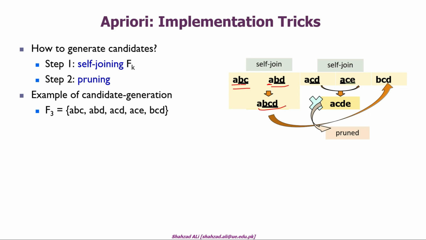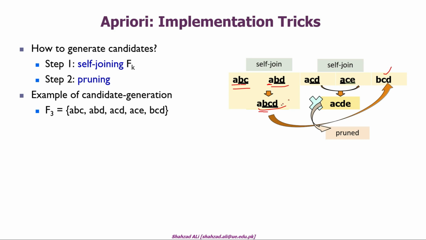After that we need a pruning process. The pruning is pretty simple. Before you count against the database, you can see for ABCD, this BCD is up there in the frequent item sets of length 3.